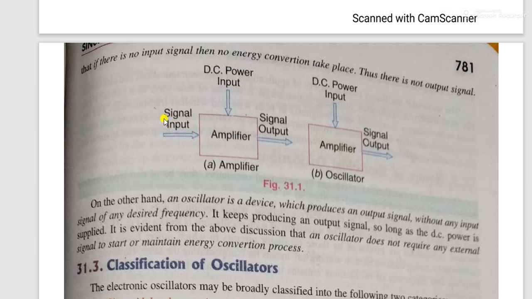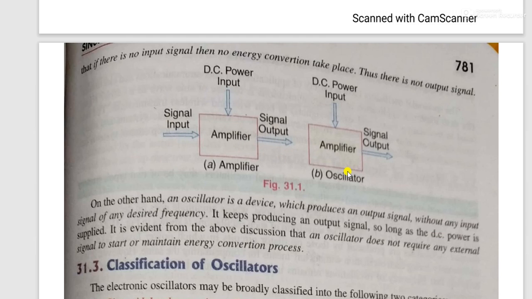If you apply a weak signal as input, then due to the DC power source, that is VCC applied over here, the amplifier gets power from this DC source, and we get a higher magnitude, boosted output signal.